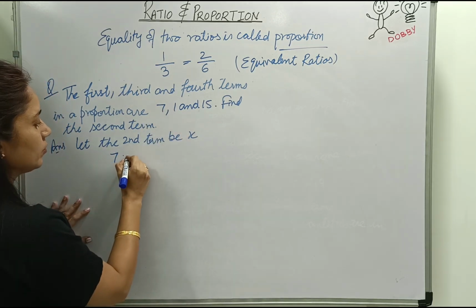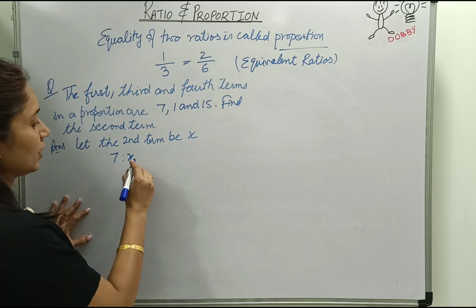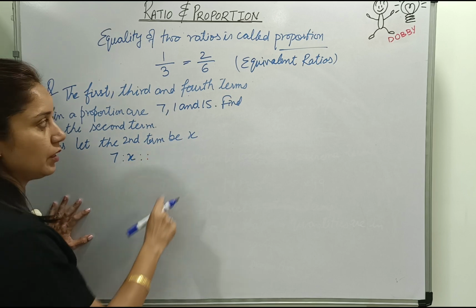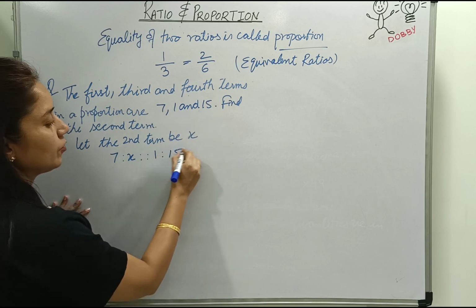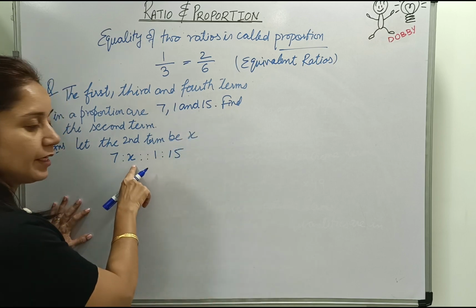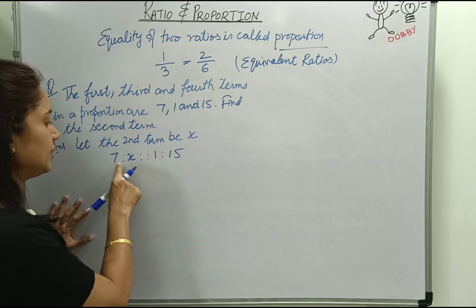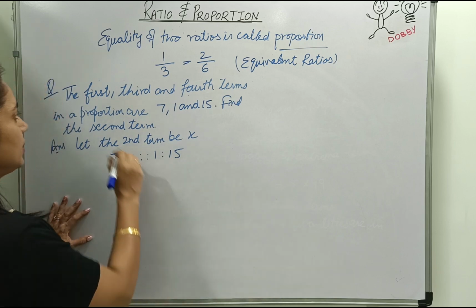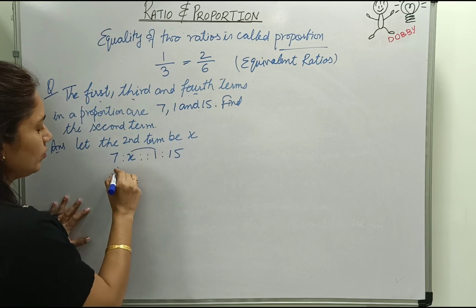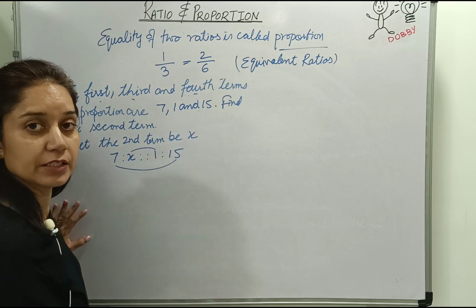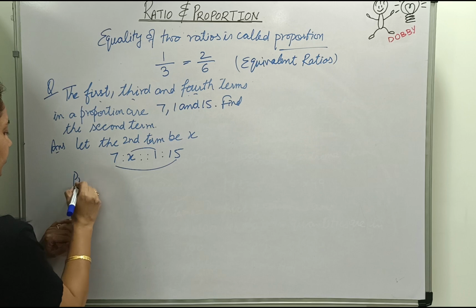Second term x. Proportion symbol. Third term 1 and fourth term is 15. The second term was missing, that we have written as x, the remaining at their respective places as given in the question. Now product of middle terms equals product of extreme terms is the formula.